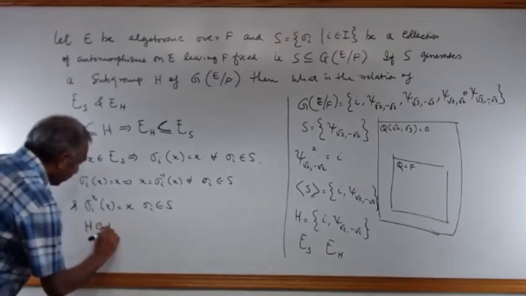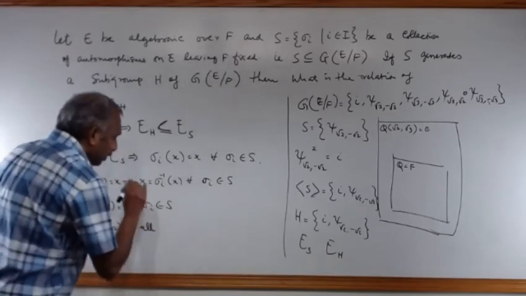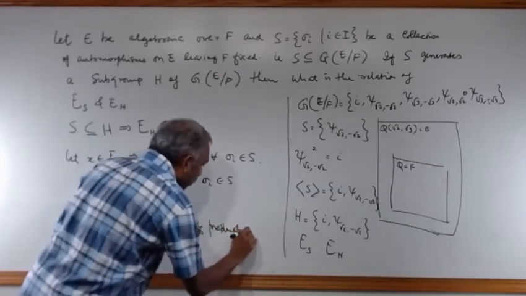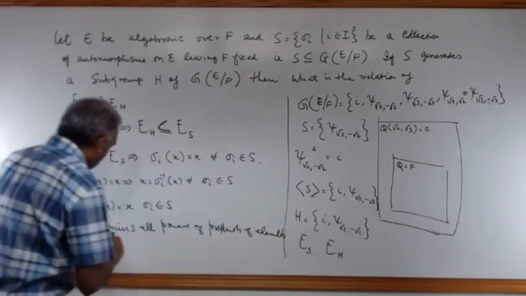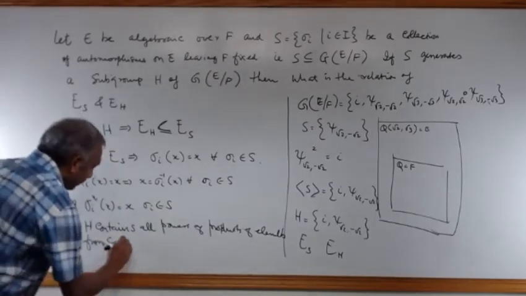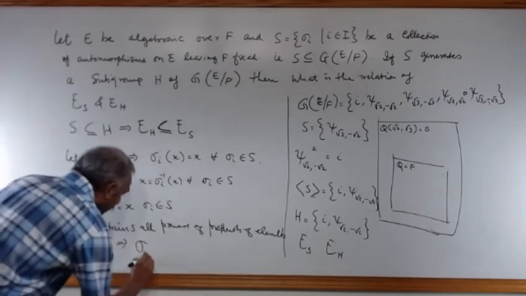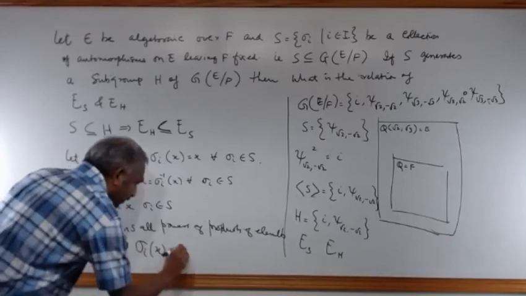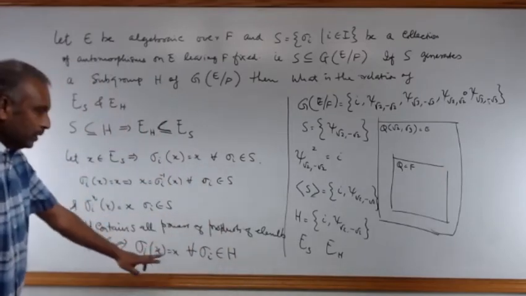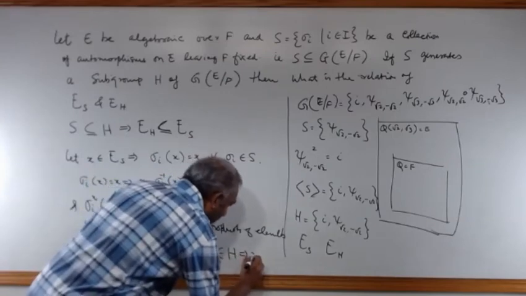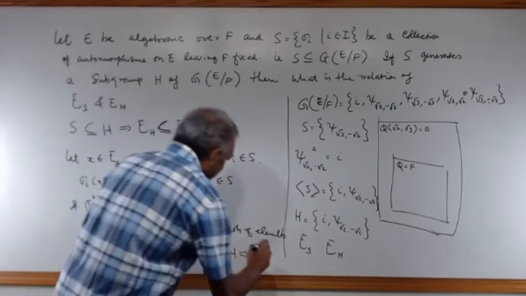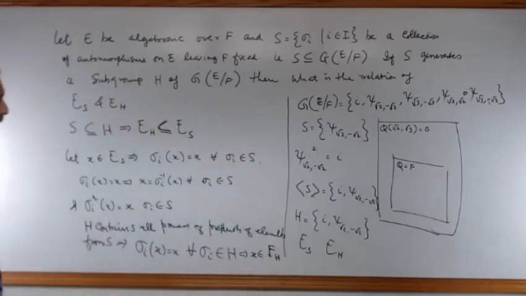H contains all powers and products of elements from S, because S generates H. That implies sigma_i(x) equals x for all sigma_i in H, and that implies x belongs to E_H.